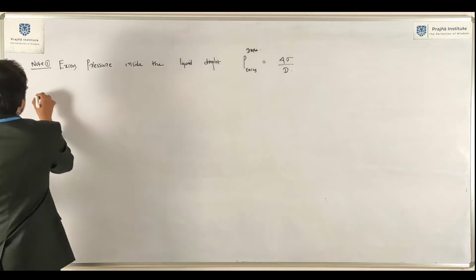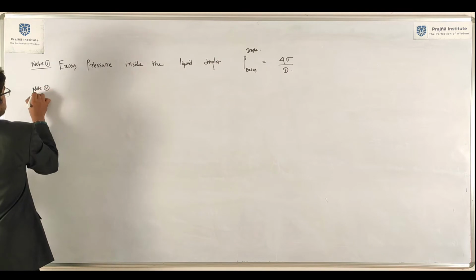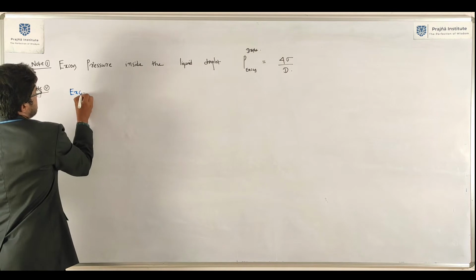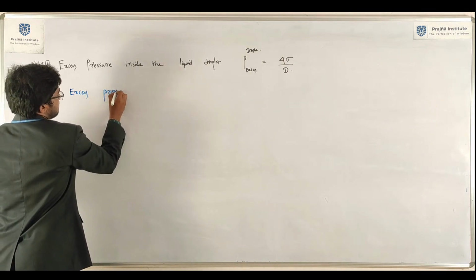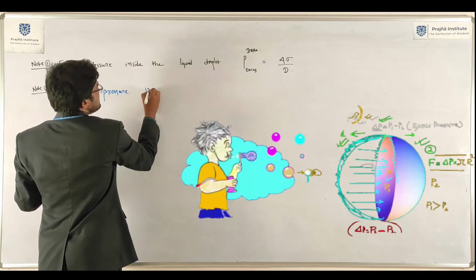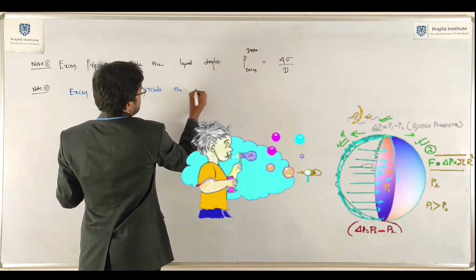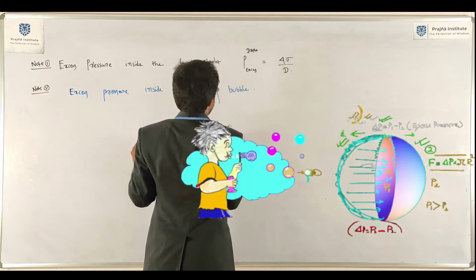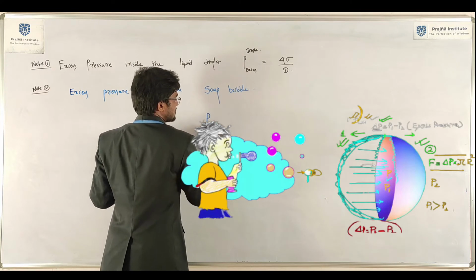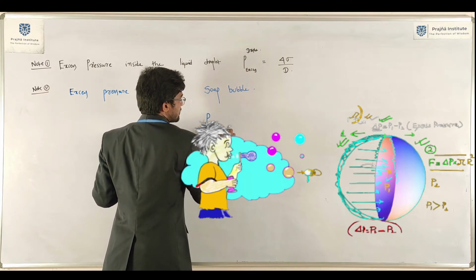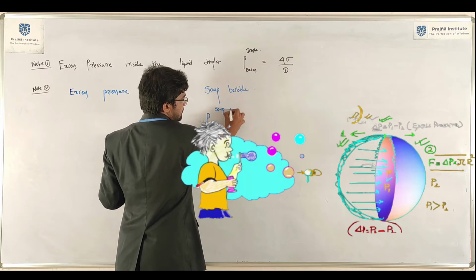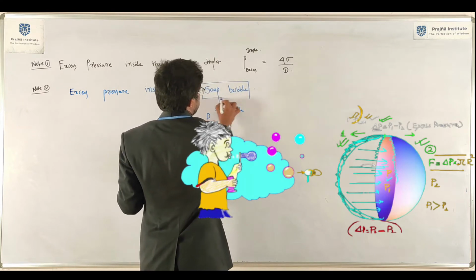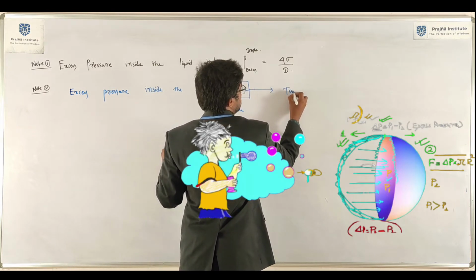Okay? Now, note 2. Excess pressure inside the soap bubble. Okay, a soap bubble has two surfaces.